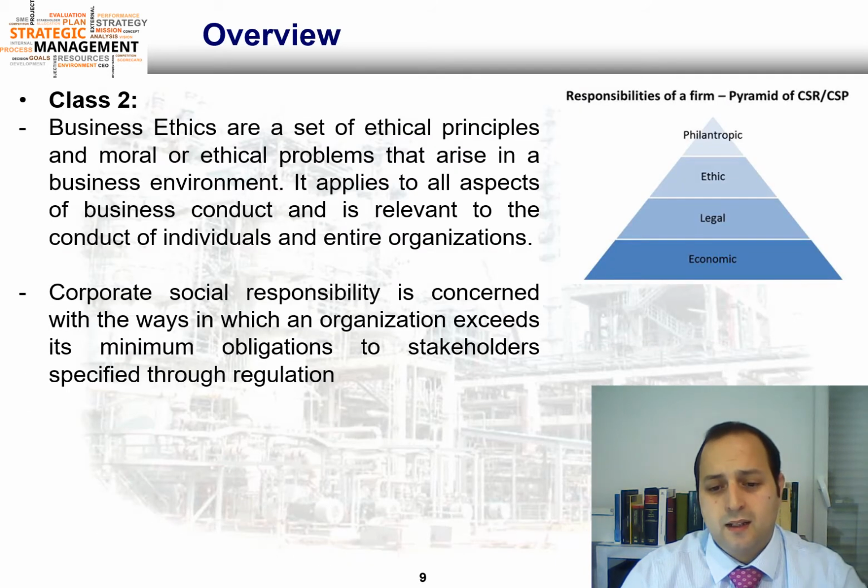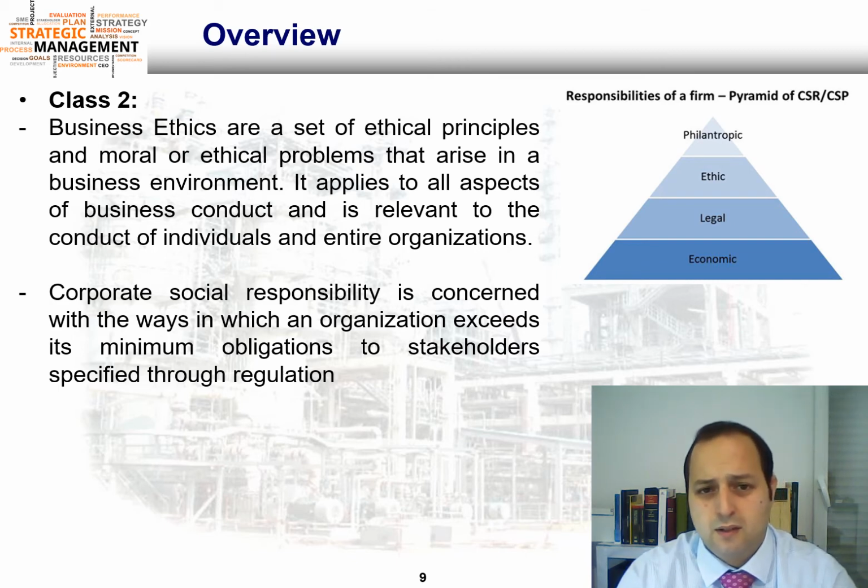And the final factor which has influence over the strategic purpose of companies is the social responsibility and ethics in business. This is a very important topic, and it has been increasing during the last years.